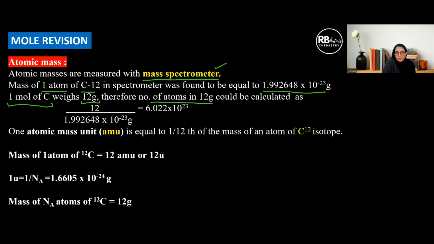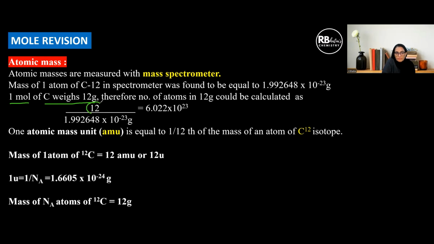Number of atoms in 12 gram could be calculated as 12 is the mass of 1 mole of atoms. This is the mass of one atom. We decided mole to be equal to the gram atomic mass quantity. So 1 mole was considered to be the number of atoms present in 12 grams of carbon.